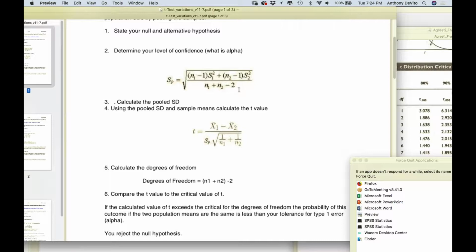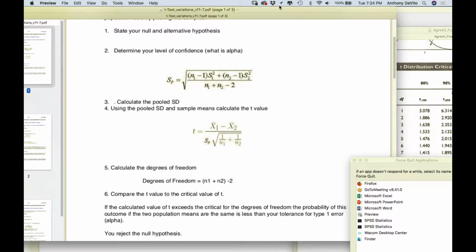A little complicated, right? But it's just a formula. Don't worry about it. It's just something you've got to plug numbers into. You know what all these things are. S1 squared is the standard deviation for group 1 squared. S2 squared is the standard deviation for your sample 2 squared.